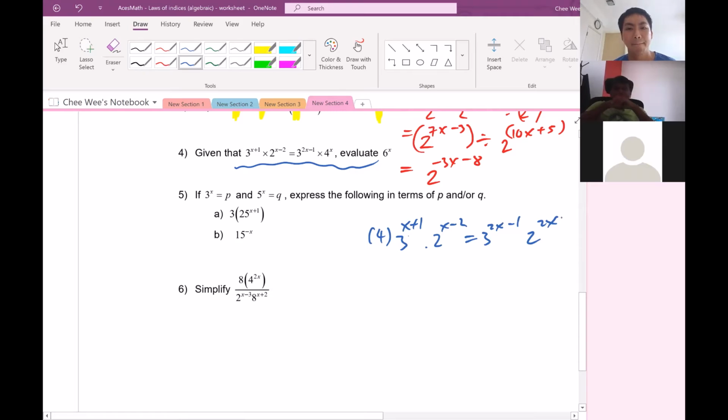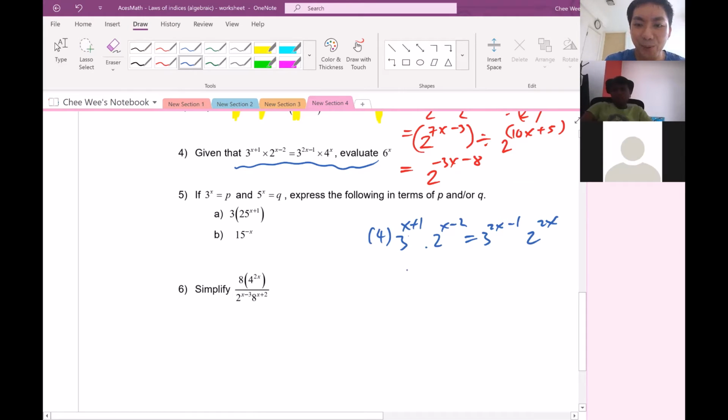And then you bring the 2 over there and then the 3 over there. Yeah, that's correct actually, but I just need to improve your presentation. What do you mean by bring over there? Is it left side or right side? You bring the 2 to the power of 2x to the left side, and shift all the 3 to the right, essentially.